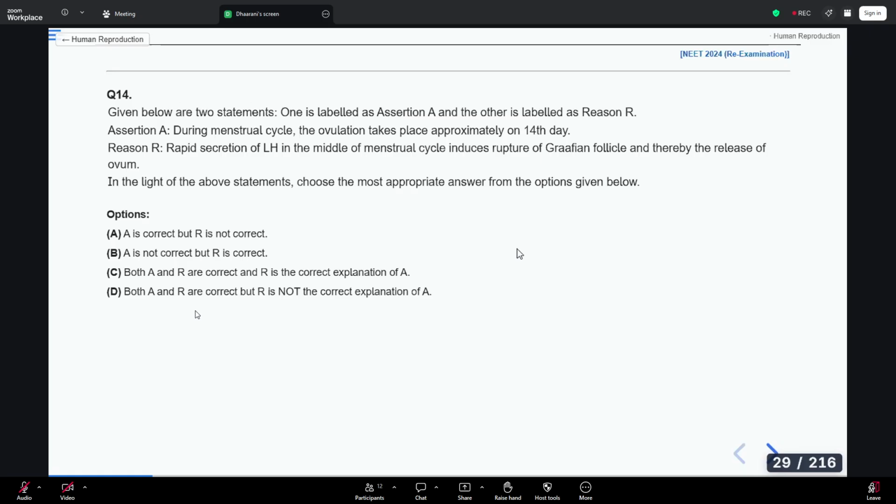In the light of the above statements, choose the most appropriate answer. A is correct, R is not correct. A is not correct, R is correct. Both A and R are correct, and R is the correct explanation of A. Both A and R are correct, but R is not the correct explanation of A. So, what is the answer? Option C. Okay, let's see.